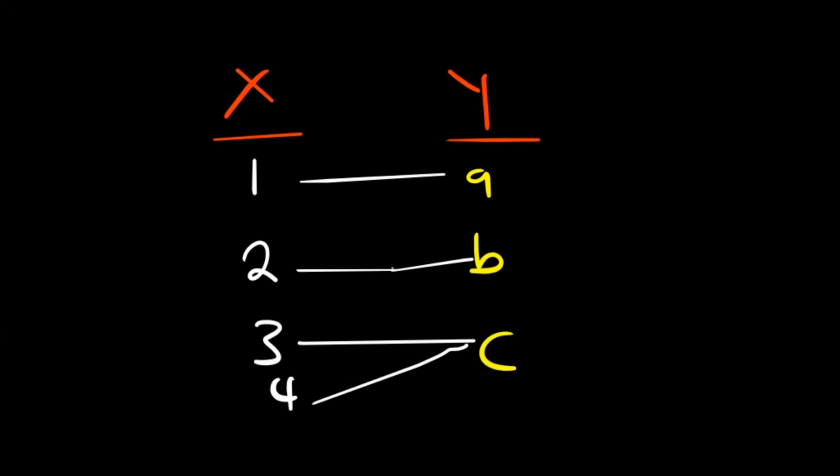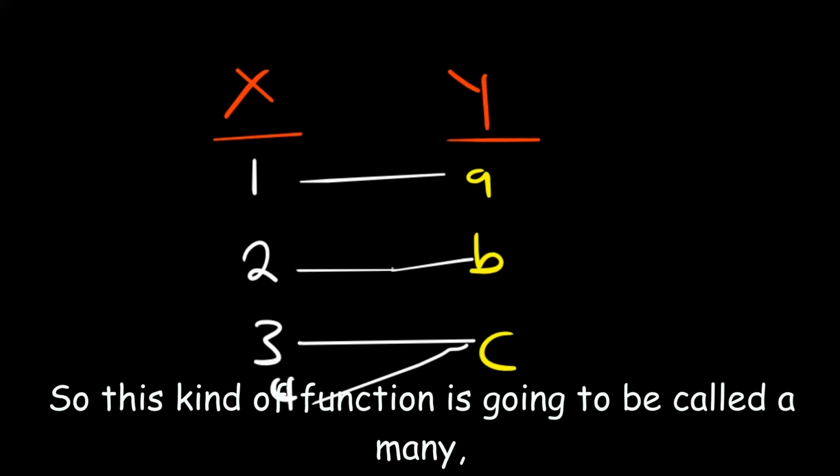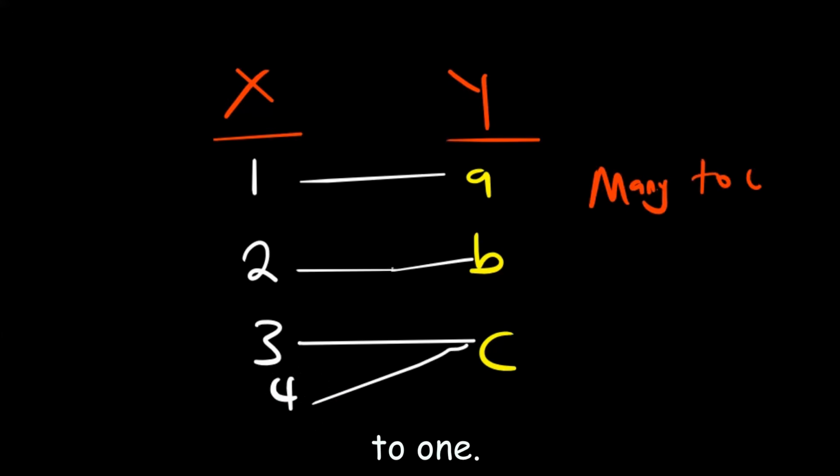Now, this is like the opposite. So what is it going to be called? Two x values are going to one output. So this kind of function is going to be called a many-to-one.